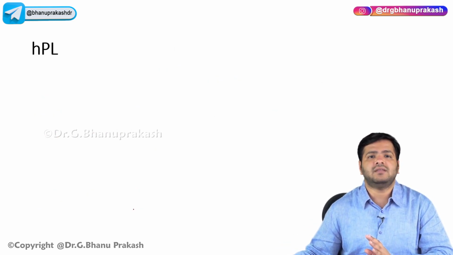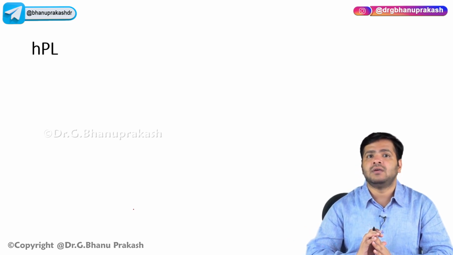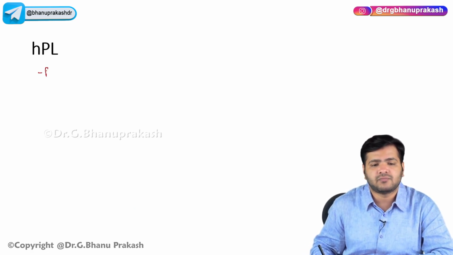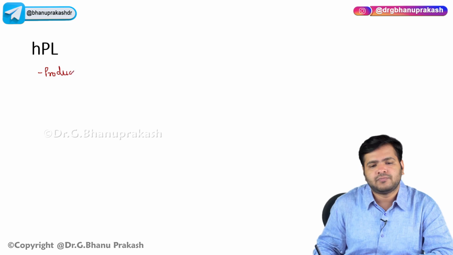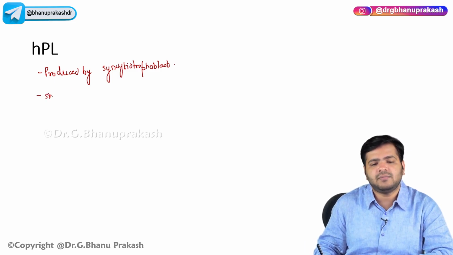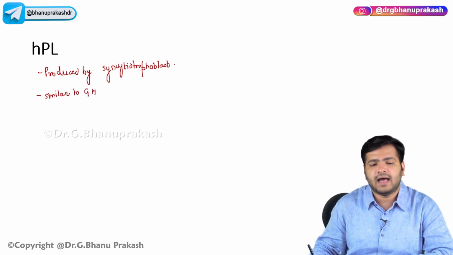Coming on to the next one, the HPL, the human placental lactogen. Remember, it is produced by the syncytiotrophoblast only. It is similar to growth hormone and prolactin.